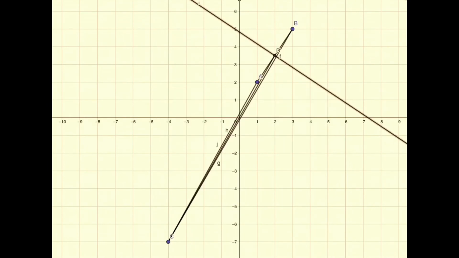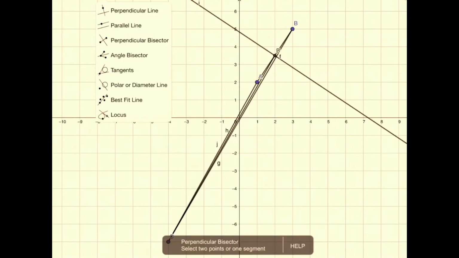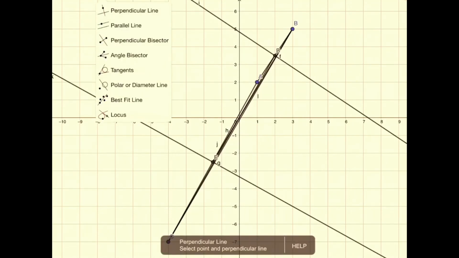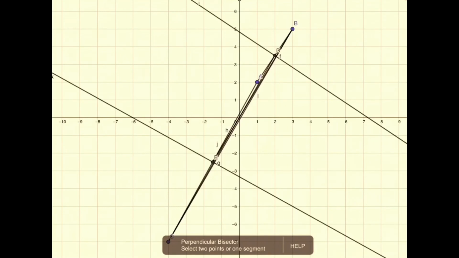Now I draw another perpendicular bisector to line AC and join E to B so that I get another median.